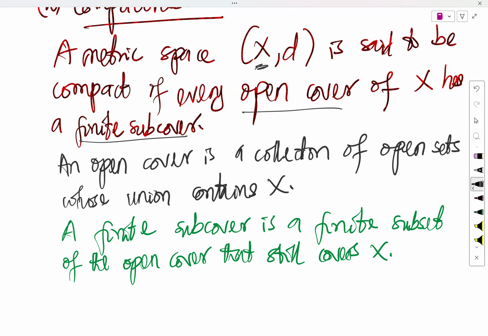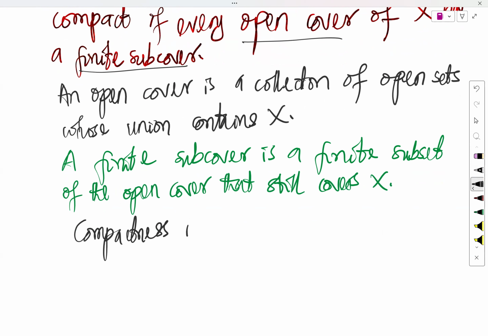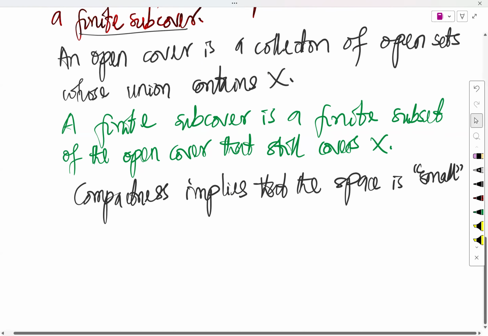In other words, we can say that compactness implies that the space is small, in quotes, small in some sense.